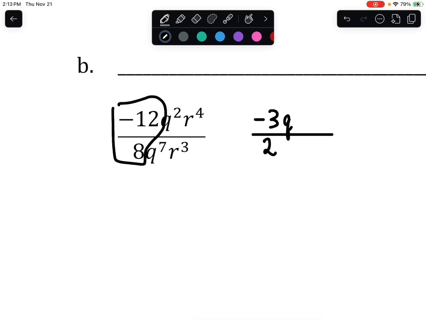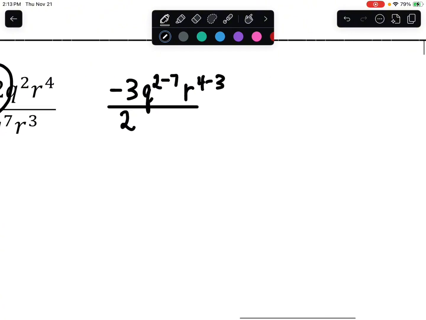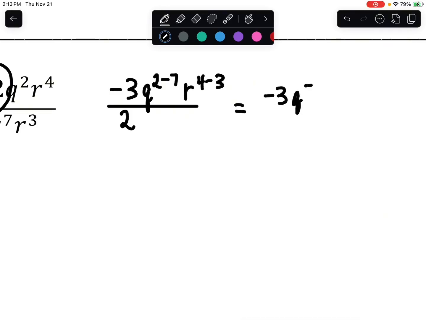So I'm just going to know that I'm subtracting the 7 from the 2. Even if those were fractions, that's where you would write the q on top, and then top exponent minus the bottom, and then same with the r. And so this would simplify to negative 3q to the negative 5th, r to the 1st over 2.